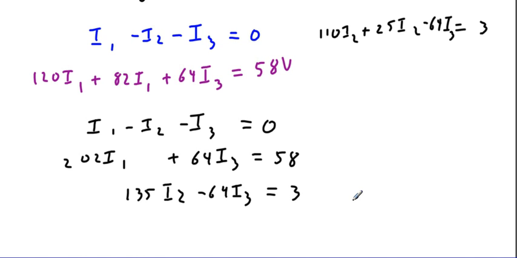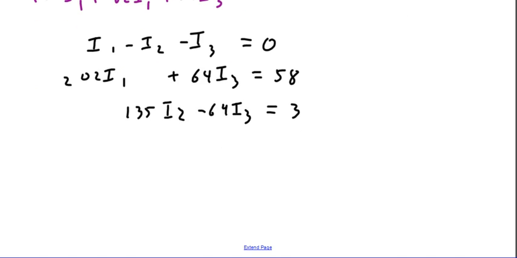So I'm going to put a 1 in and a minus 1 in, another minus 1 in, call it 0, and then 2, 0, 2, a 0, a 64, 58, and a 0, 135, minus 64, 3. And just tell it to solve for the 3 equations, 3 unknowns.